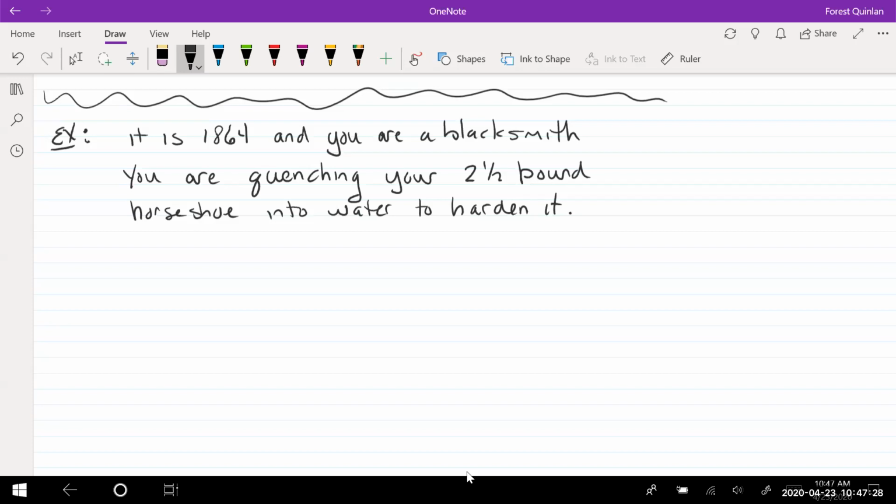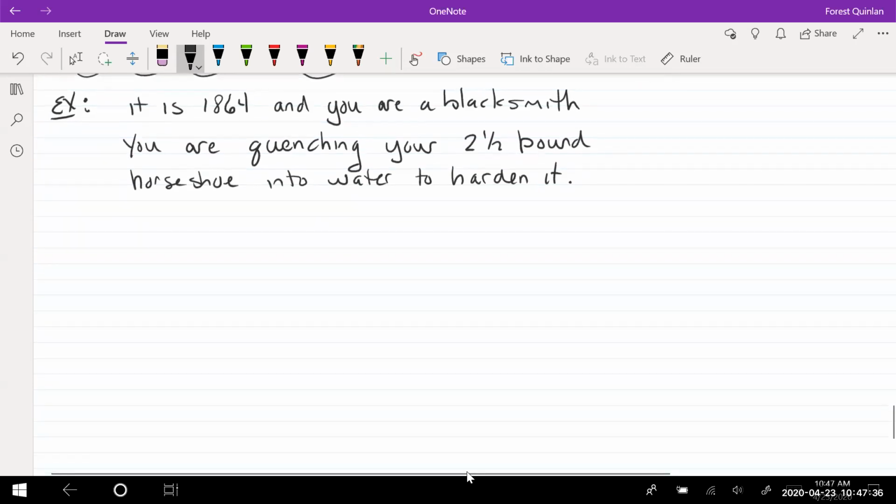So you can imagine a blacksmith taking a bunch of iron, shaping it into a horseshoe. It's glowing red hot. Then they plunge it into water. That's not just to cool it down. It actually has a materials benefit of hardening it. By quenching it very quickly, you force those red hot grains of steel to stop and arrest their growth very quickly, and that will harden the steel.